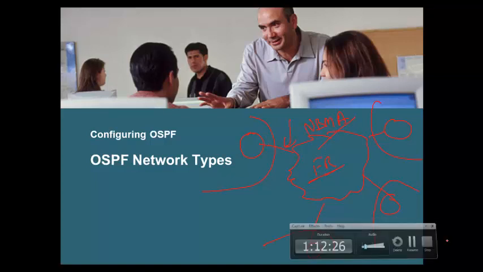Now, examples of NBMA are frame relay, ATM, and X.25. If you have these in the middle, we call it NBMA.